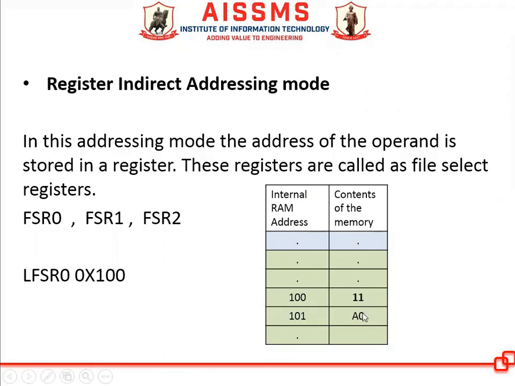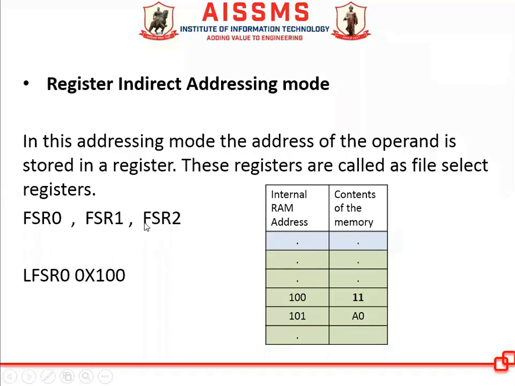Suppose 11 is the data, and the address of data is 100. This address will be held by a register FSR 0, 1, or 2. To load this address in file select register, the instruction is LFSR 0, 0x100.